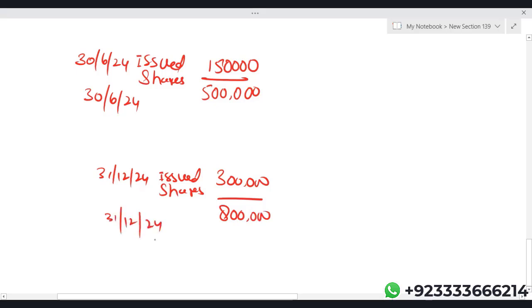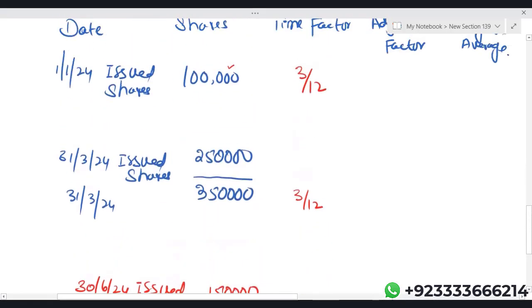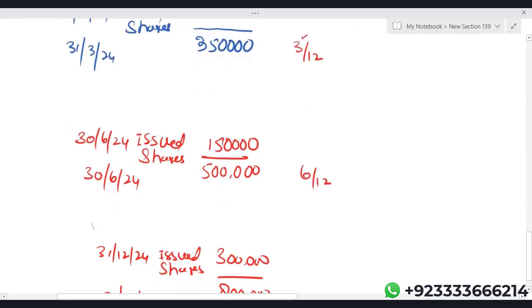But very important point, from 30th June till 31st December, the time period is 6 months. Now, if you count the months, 3 out of 12, 3 out of 12, and then 6, so already 12 months calculation we have done.